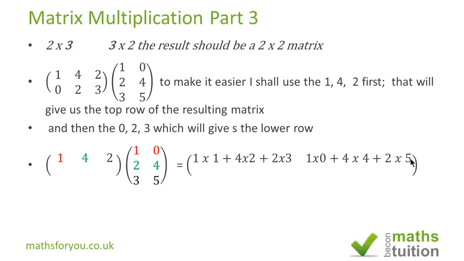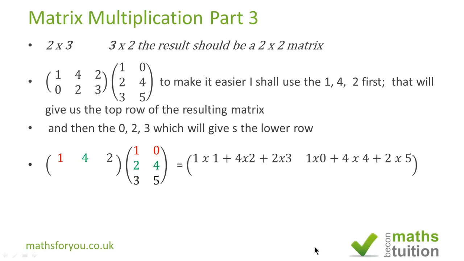When you do the 1, 4, 2 first, the top row, you multiply firstly the top row and the first column. So you do 1 times 1 plus 4 times 2 plus 2 times 3. And then for the next position, you do 1 times 0 plus 4 times 4 plus 2 times 5.